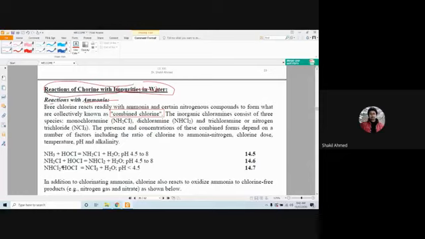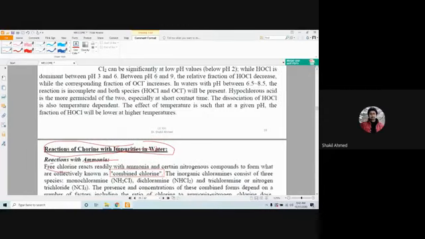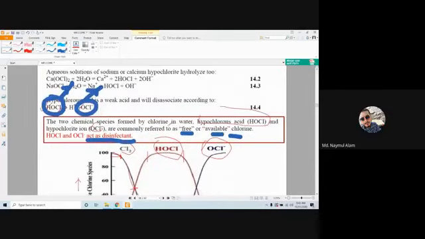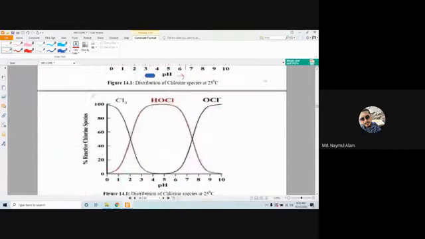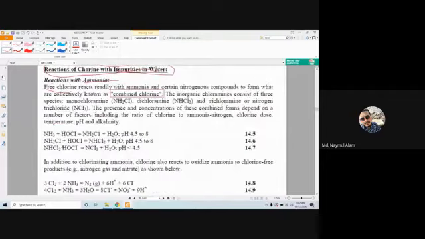Now the free chlorine. Who are free chlorine? Remember, free chlorine: HOCl and OCl minus. That means hypochlorous acid and hypochlorite ion. So free chlorine reacts readily with ammonia and certain nitrogenous compounds to form what are collectively known as combined chlorine.